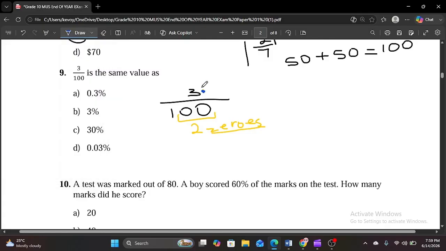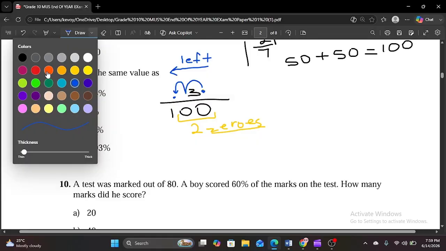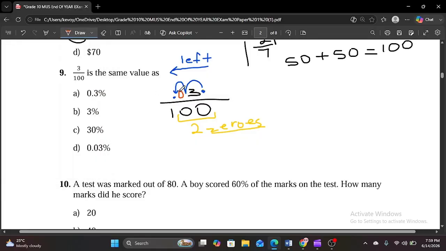Since I'm dividing, I'm going to move my decimal point to the left. That's 1 time, 2 times. I put a 0 in this space, and another 0 right here. So this would be my answer right here, B.